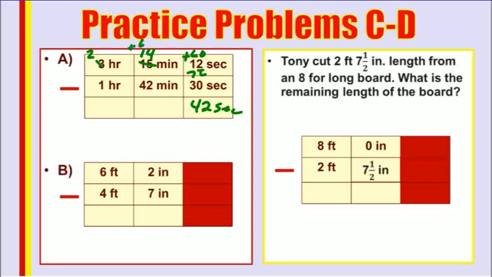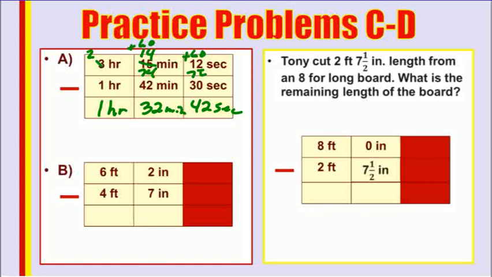I gain 60 minutes, so now that's 74. 74 minus 42 is 32 minutes. And then 2 hours minus 1 hour is 1 hour. Our answer is 1 hour, 32 minutes, 42 seconds.